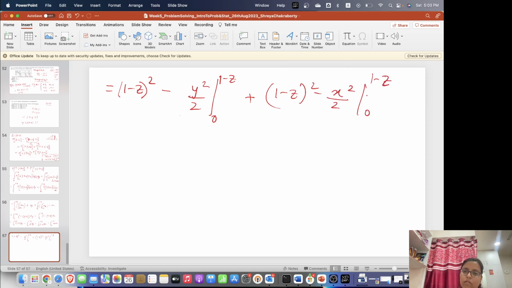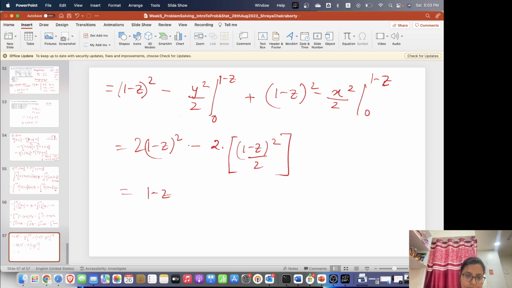So here what we have is 2 into 1 minus z whole square, minus 2 into 1 minus z whole square by 2. So we have 1 minus z whole square. Therefore probability Z greater than z equals 1 minus z whole square.